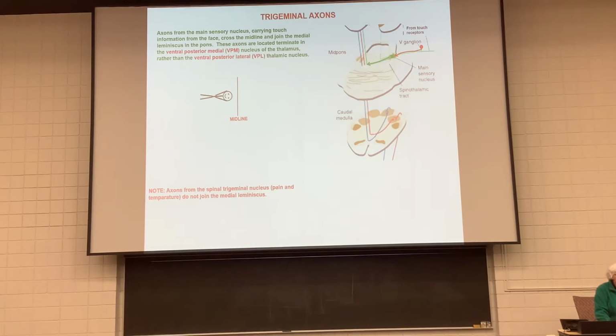So the first order neuron is in the trigeminal ganglion. The central process enters. There's a synapse in the main sensory nucleus. The main sensory nucleus sends its projections across the midline, and essentially they join the medial lemniscus to go up to the thalamus again.